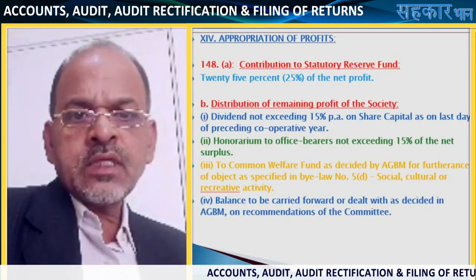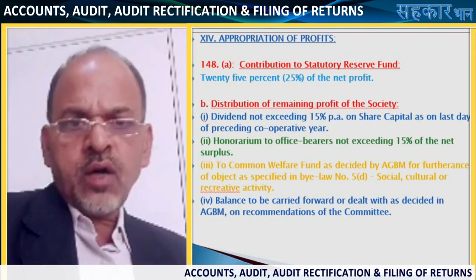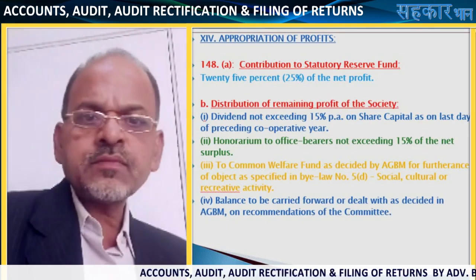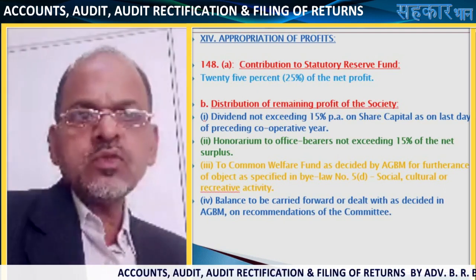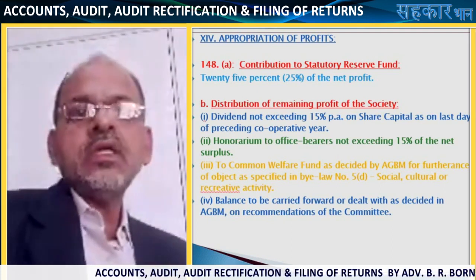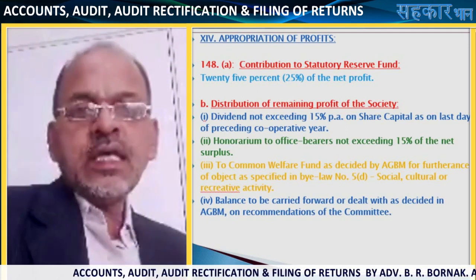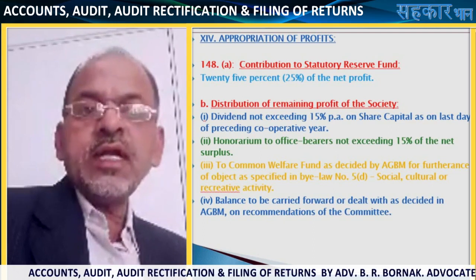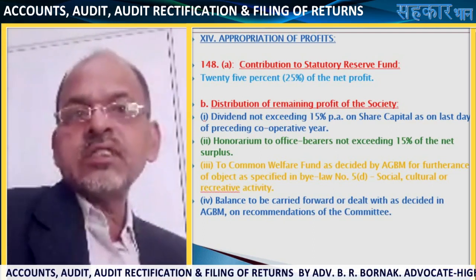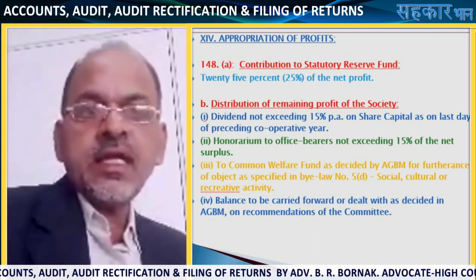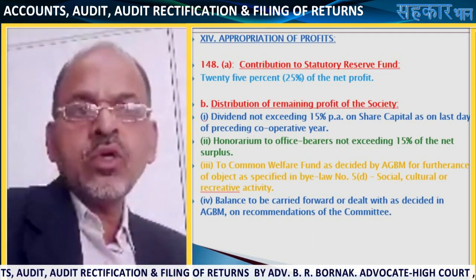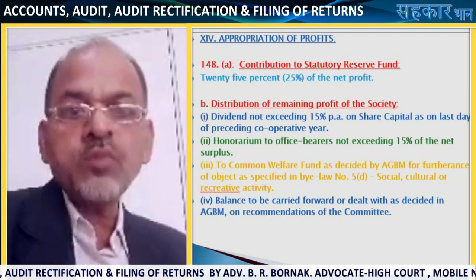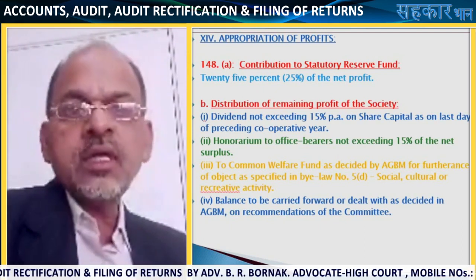Now further, bylaw number 148 is there. After finalization of our accounts, for housing societies we cannot exactly say profit, we can say surplus. Our surplus is to be appropriated. Regarding this, there are provisions in bylaw number 148.